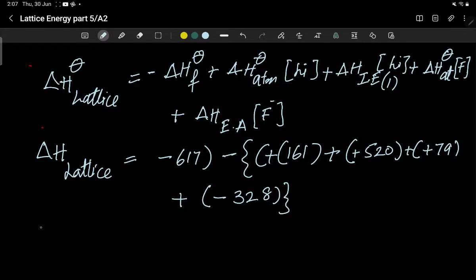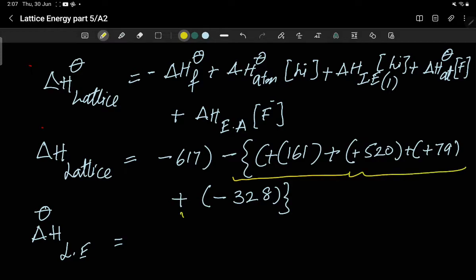So delta H lattice energy is equal to, by calculating from here to here, this is equal to plus 432.